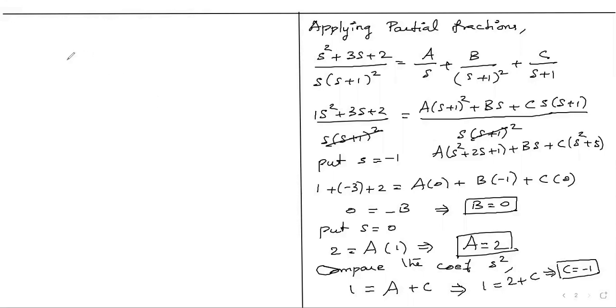Now just apply these values in this equation. So y equals Laplace inverse of, what is my A? A is 2. So 2 over S plus, what is B? B is 0. So B is getting cancelled. And my C is negative 1. So negative 1 over S plus 1 is there.